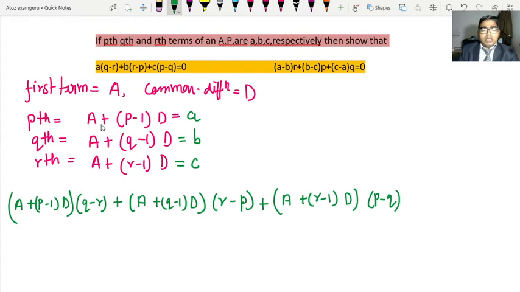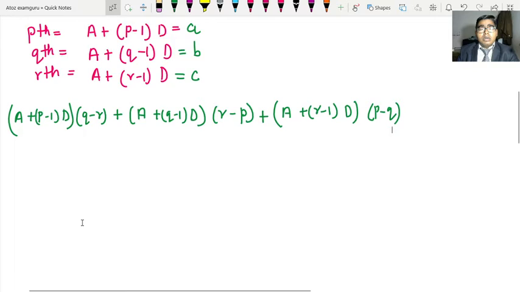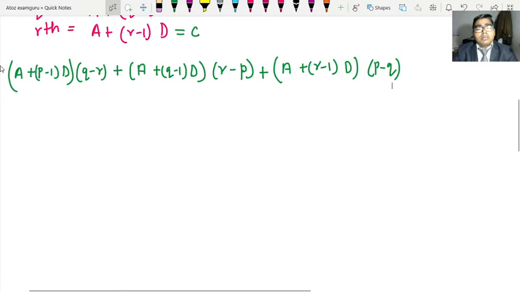Now let us see. You have to simplify it. There are two kinds of terms, simply A and D. So make groups by taking A and D common. This will make it quite easy, right?